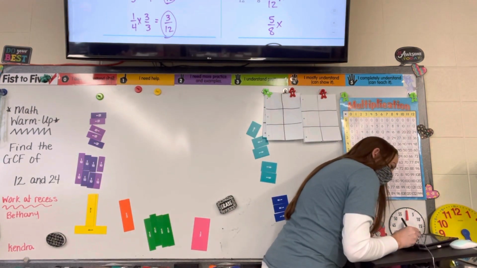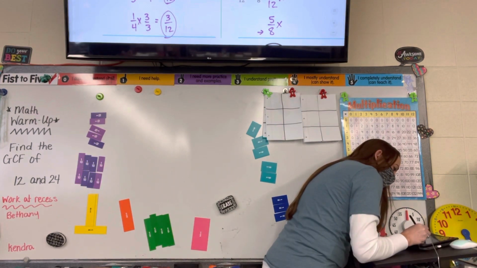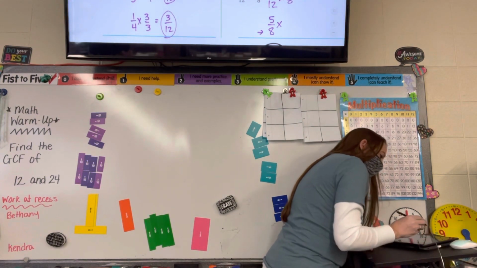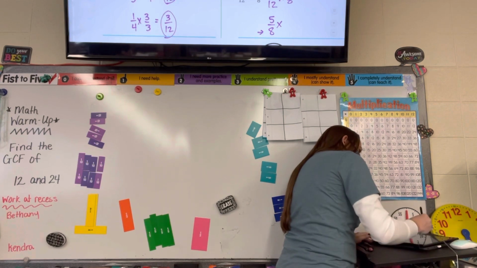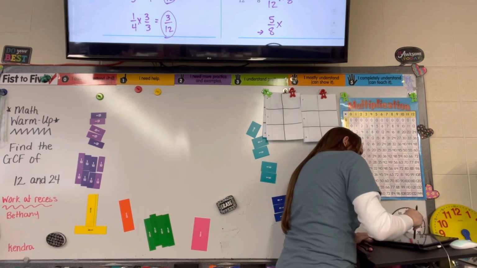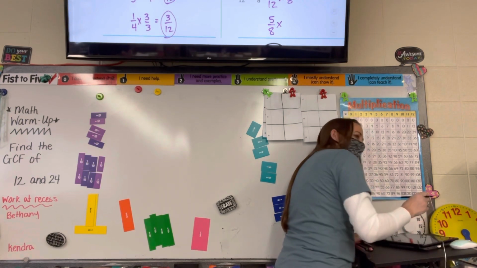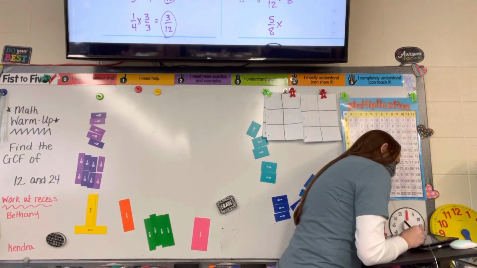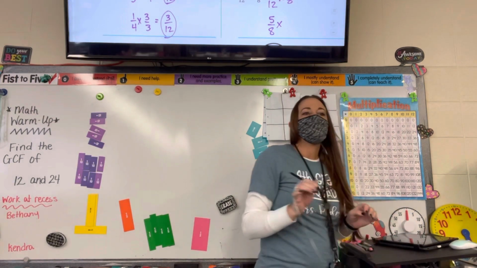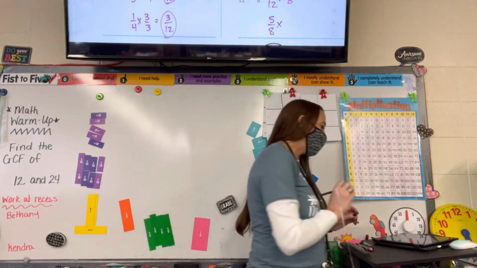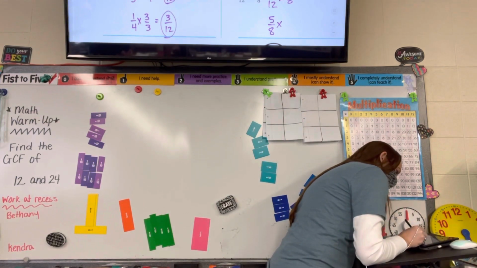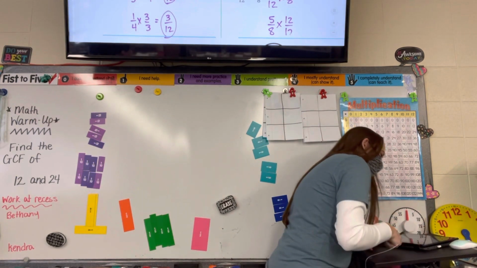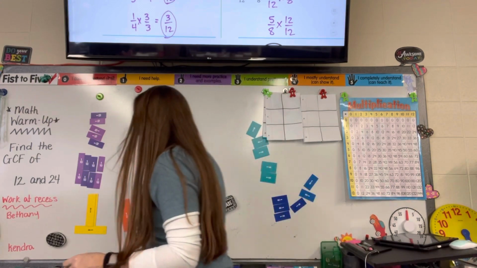We multiply by the other fraction's denominator. 8/8. What would we multiply 5/8 times? Dakota? 1. No, there's no 1 in this problem. Zing? 12. 12/12. Good job.